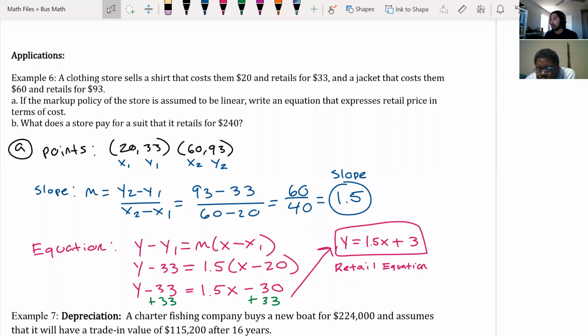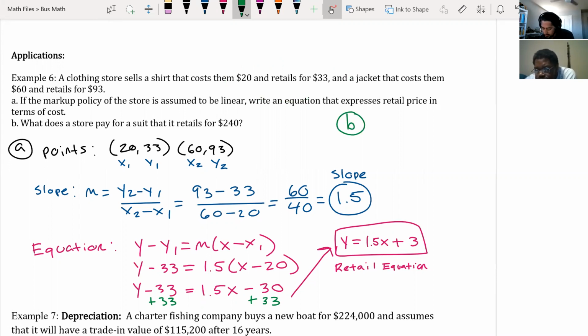We will plug it in for y. Because remember, in this whole problem, cost is represented by x and retail is represented by y. It says cost 20, retails 33. Cost is x, retails y.